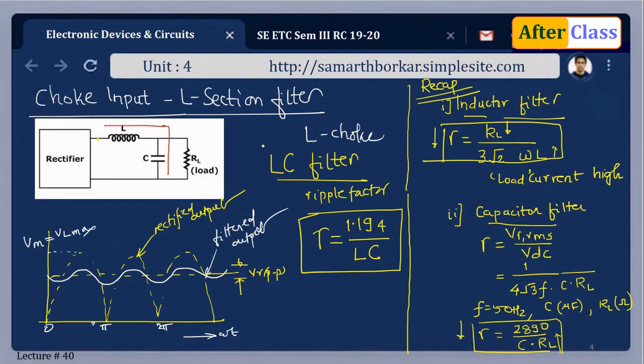Now if I look at this equation, ripple factor equals 1.194 divided by LC, if the value of the inductance is increased, it will increase the time of conduction. So at some critical value of inductance, one diode, either D1 or D2 in a full wave rectifier, will always be conducting.